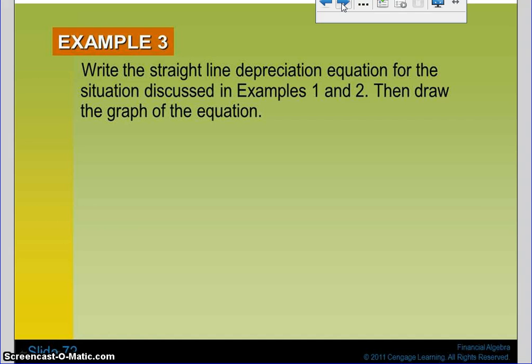Example 3, it says write the straight line depreciation equation as discussed in the examples for 1 and 2 and then graph the equation. So it's asking us to put this into an equation of y equals mx plus b, remembering that m is my slope and b is my y-intercept.